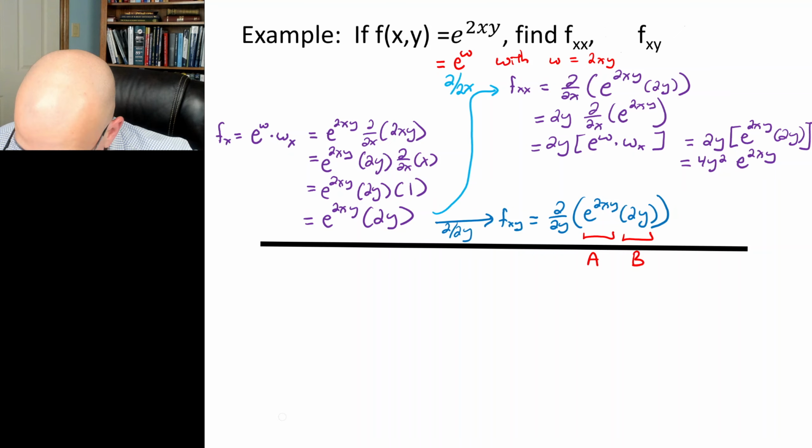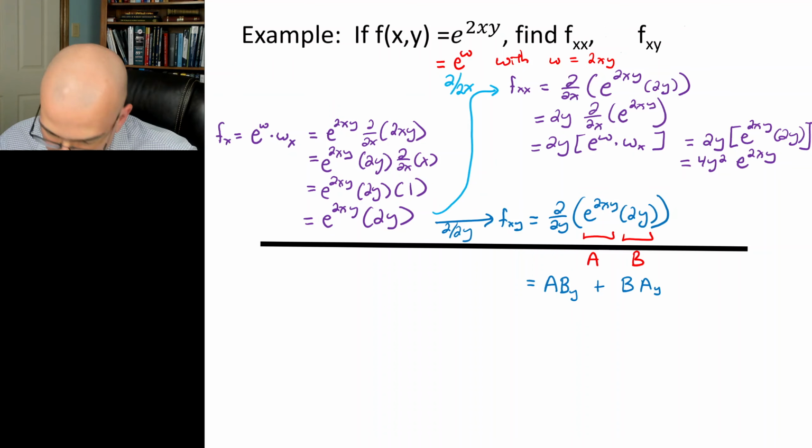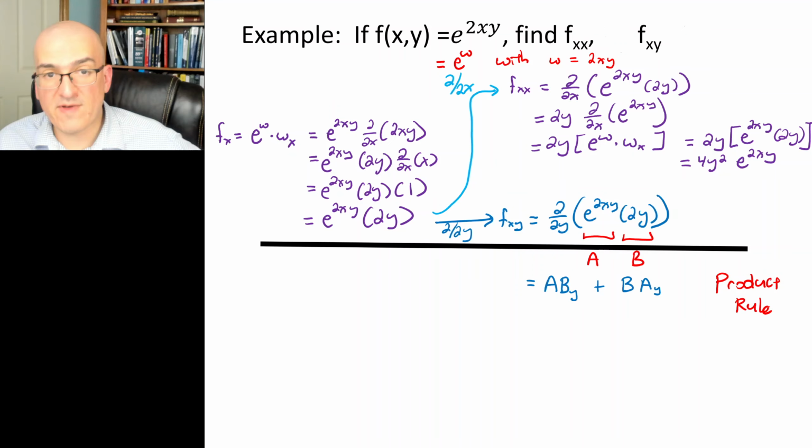So when we take the derivative, we're going to have an a times b sub y plus b times a sub y. So it's a product rule. Can't factor anything. Well, we could factor 2 out, but it isn't worth it.